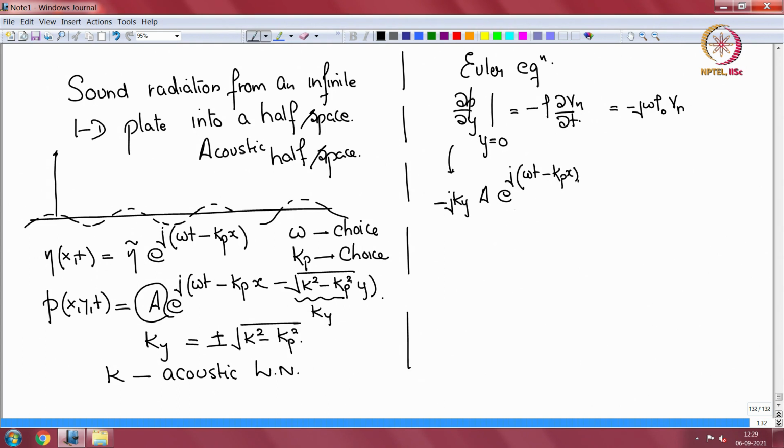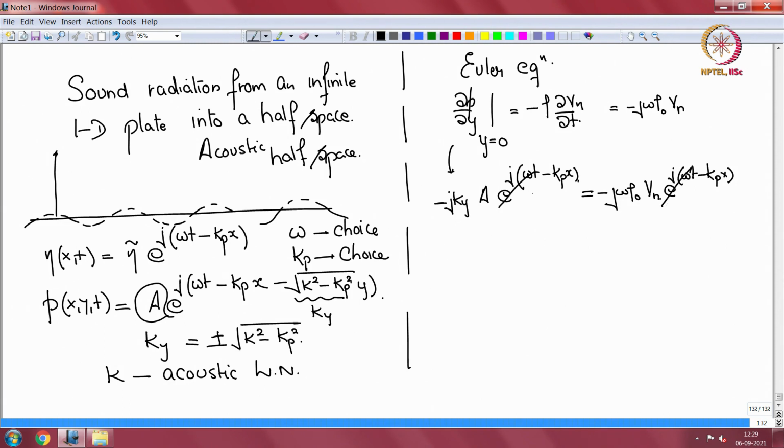Okay, we are doing it at y equal to 0. That is equal to minus j omega rho 0 Vn, which carries the same wave propagator omega t minus kpx. So both can be cancelled.